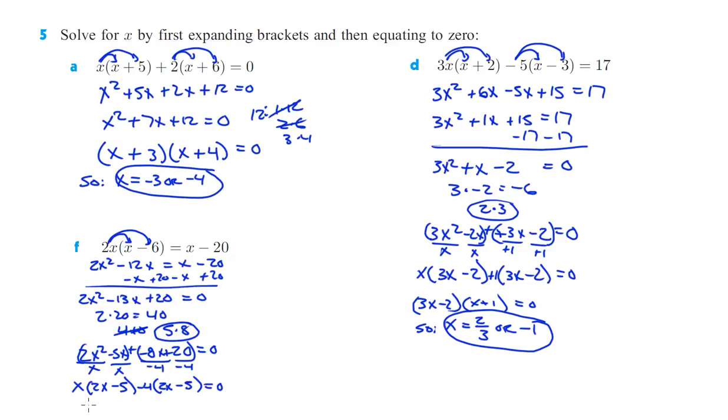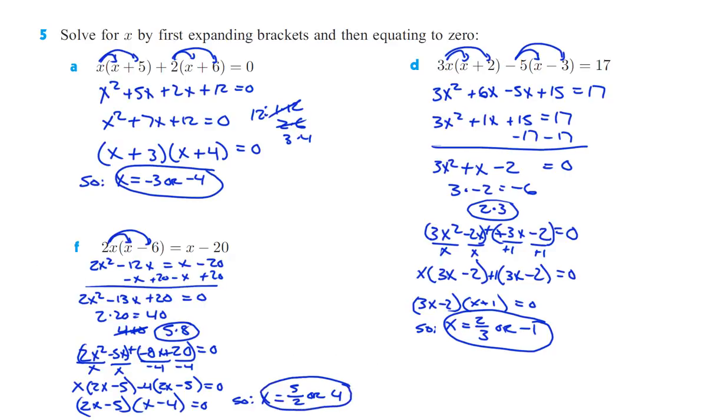So we factor the 2x minus 5 out, and we're left with x minus 4 equals 0. So x is going to have to equal the opposite of negative 5, which is positive 5, divided by 2. And then 4 minus 4 gives us 0. Okay, so we get 5 halves or 4.